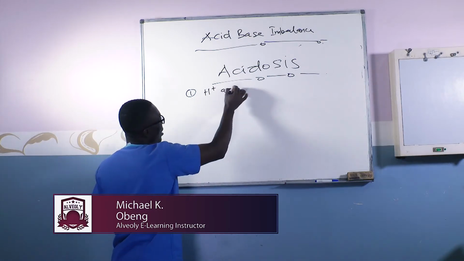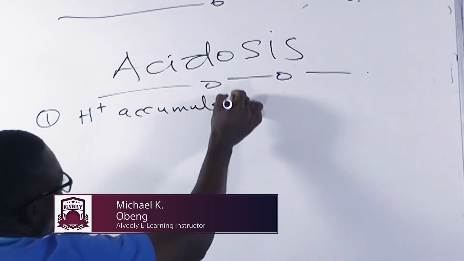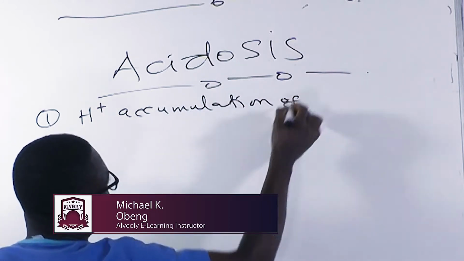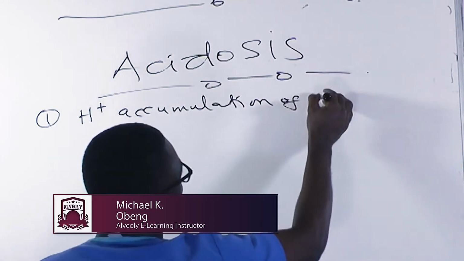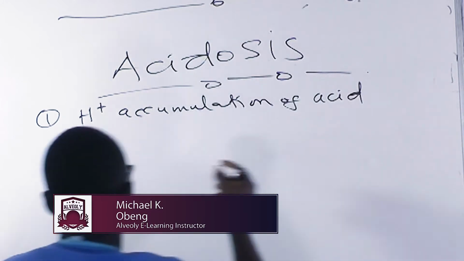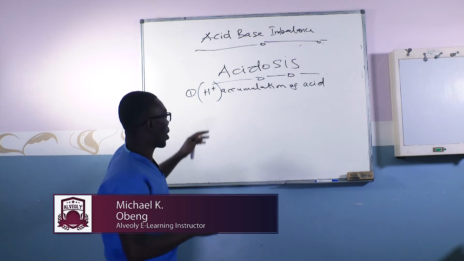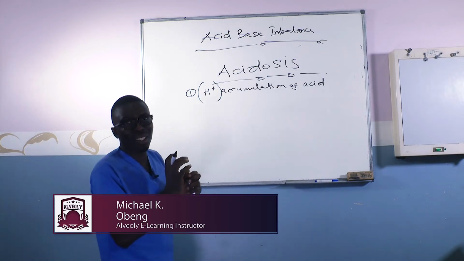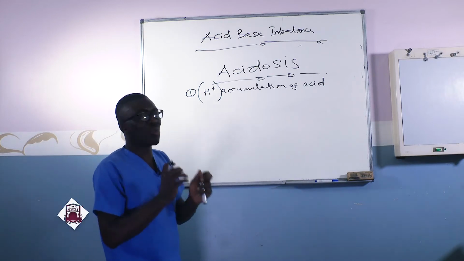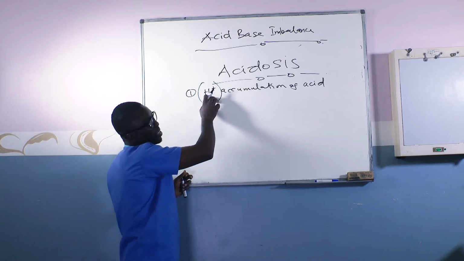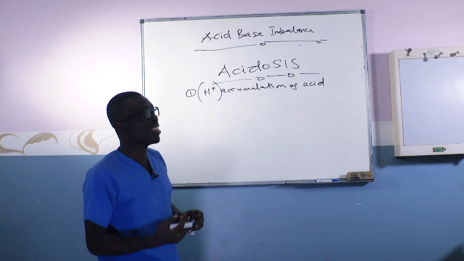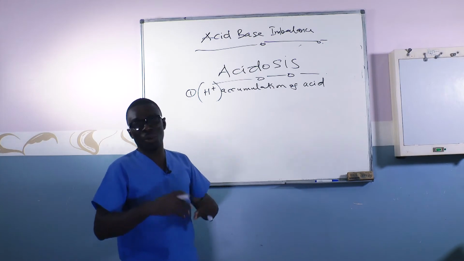When there's accumulation of what? Acid. And to be specific, we made mention of what? The hydrogen ions. So we are coming to look at just a simple chemical equation that will help us to yield these hydrogen ions that can explain why acidosis can occur.